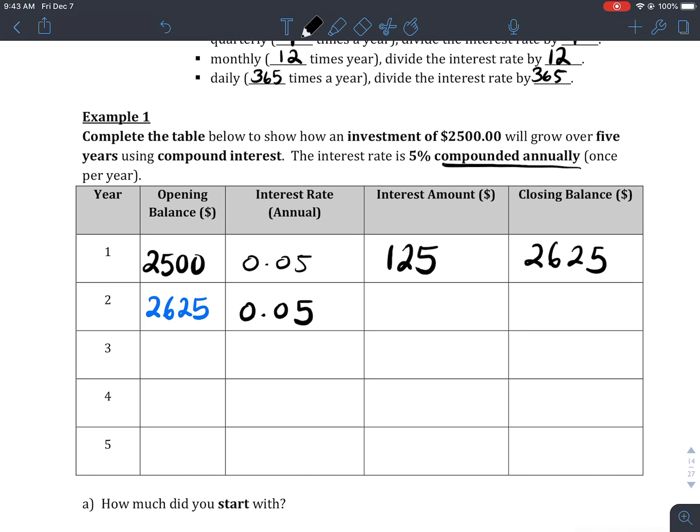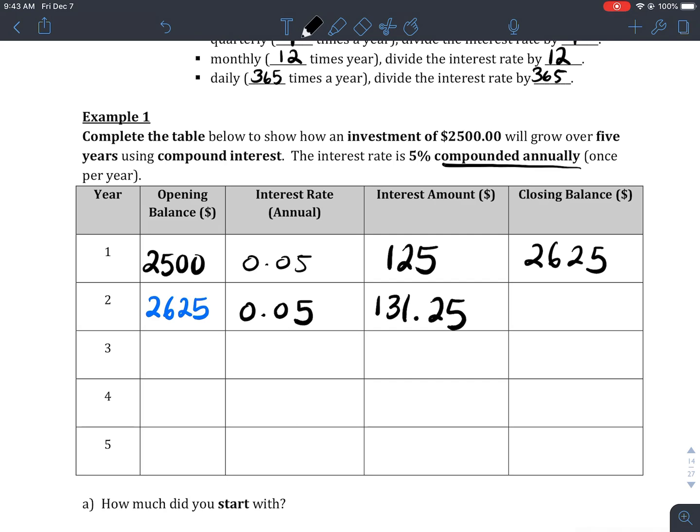So my interest is 0.05. If you take 2,625 and multiply it by that interest amount, your new interest amount for year 2 is $131.25. So you can already see the interest amount is larger.